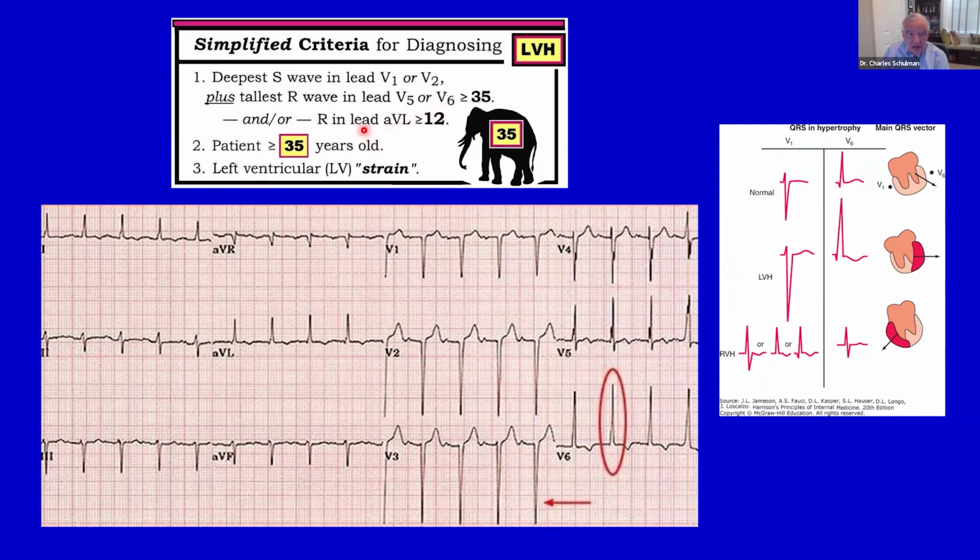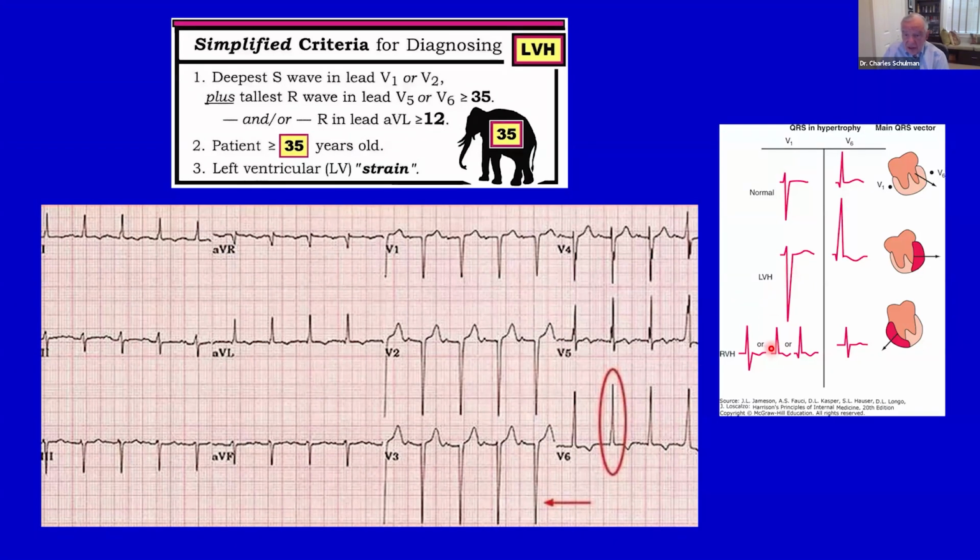So add them together, and they should total 35, particularly if the patient is over 35 years old. Left ventricular strain are these ST-T changes that are secondary changes due to the LVH.